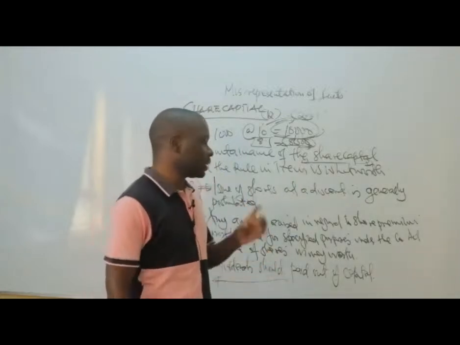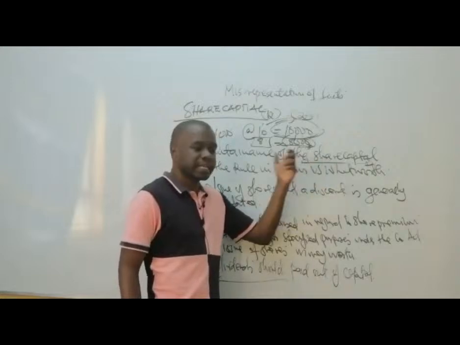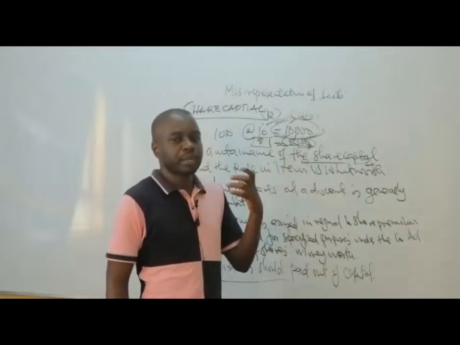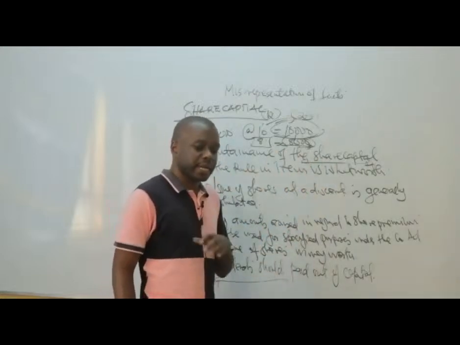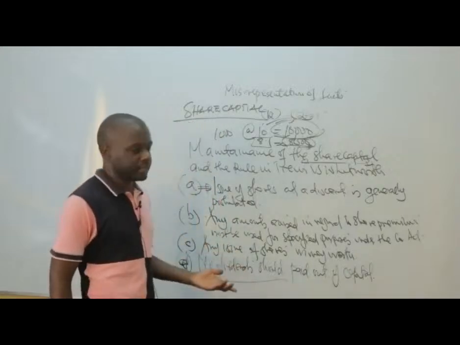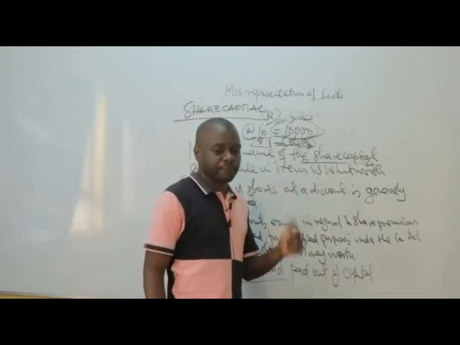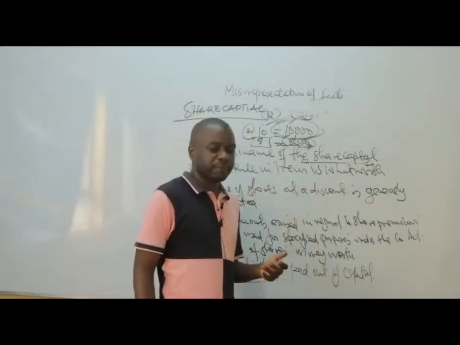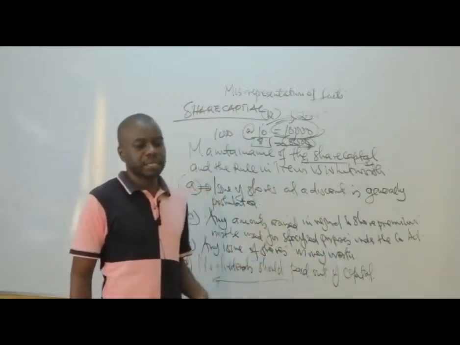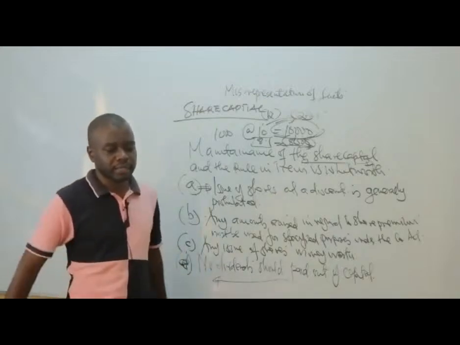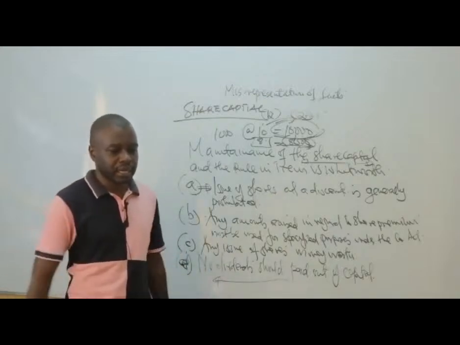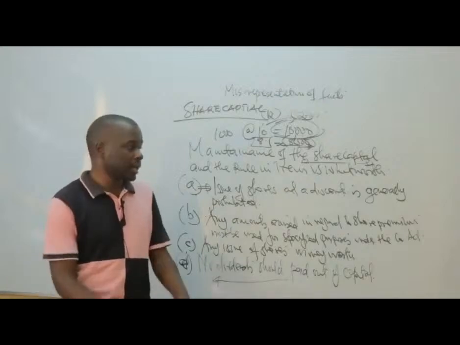There is no way the company will go to the share capital and get amounts from there to pay dividends. So no dividends should be paid out of capital. If they do such, the company won't be maintaining its share capital.